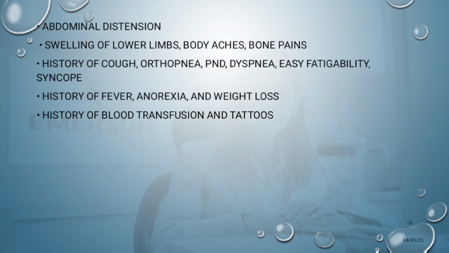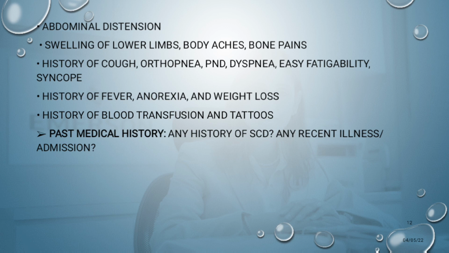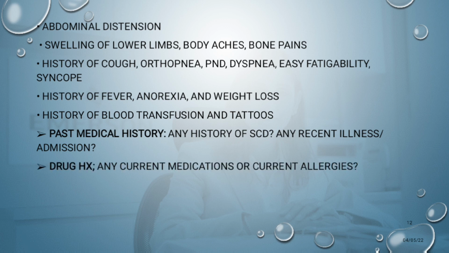Okay, then past medical history, you ask for any history of sickle cell disease, any recent illnesses or admission. Okay, ask for any drug history: any current medications or allergies. Then you also ask for any family history of sickle cell disease.